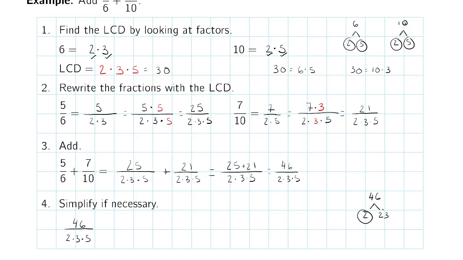It turns out that 23 is also prime. So I've got 2 times 23 over 2 times 3 times 5. The common factor of 2 cancels out. I've got 23 over 3 times 5 is 23 over 15.